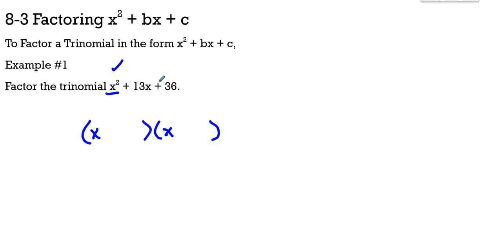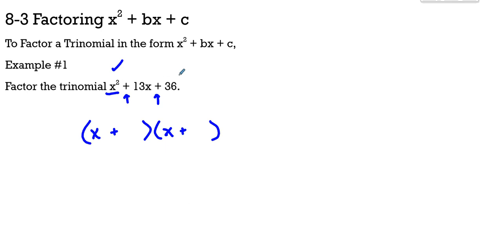I look at this operation here is addition, meaning I know both of these operations are going to be the same because I multiplied two things together and got a positive. So it's either going to be addition and addition or subtraction and subtraction. To determine which one it is, I'm going to look at this and say, that's addition, so both of them are going to be addition.